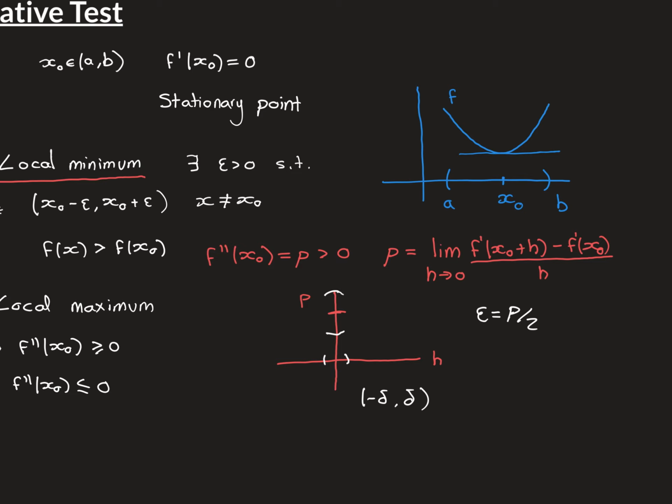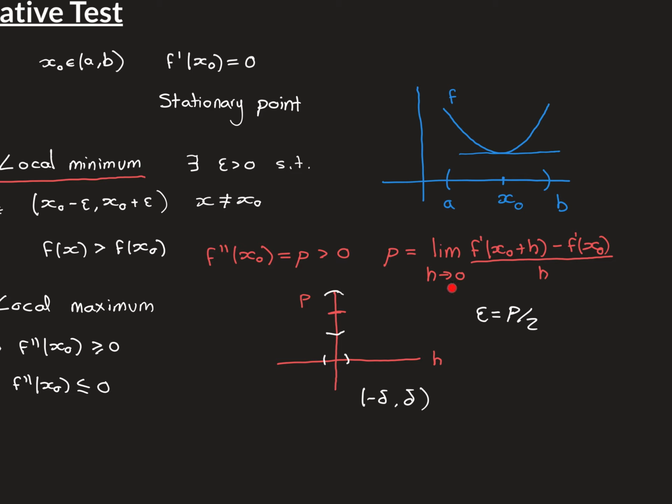Now this delta interval might have to be made absolutely tiny, but there must exist a delta interval such that for all these points inside this delta interval, this function here exists and is mapped into that epsilon interval. In particular, this function must exist, i.e. the first derivative at these values x0 plus h must exist, otherwise the function wouldn't even be defined.